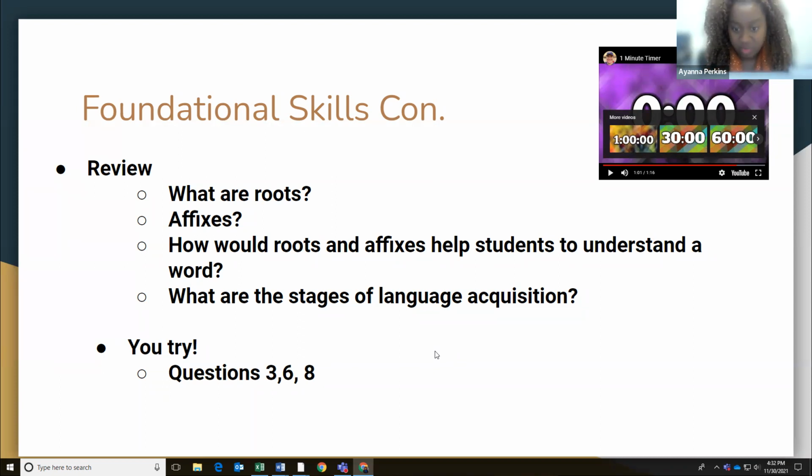What about affixes? What are affixes? It changes the meaning of the word. Mm-hmm. Affixes change the meaning of the word. Very good. All right. How would roots and affixes help students to understand a word? And we just talked about this a little bit.